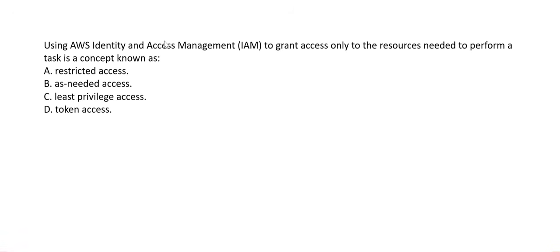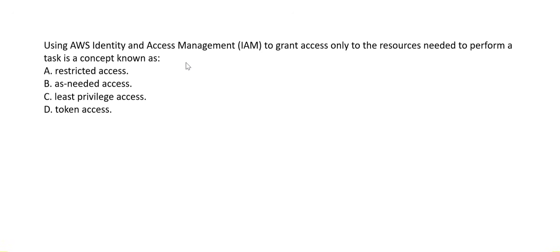Using IAM to grant access only to the resources needed to perform a task is a concept known as... If you had exposure to any of the security work, like if you interacted with the security teams or were a part of it, you would always know that you always provide least privilege access, because that will avoid any security threats.